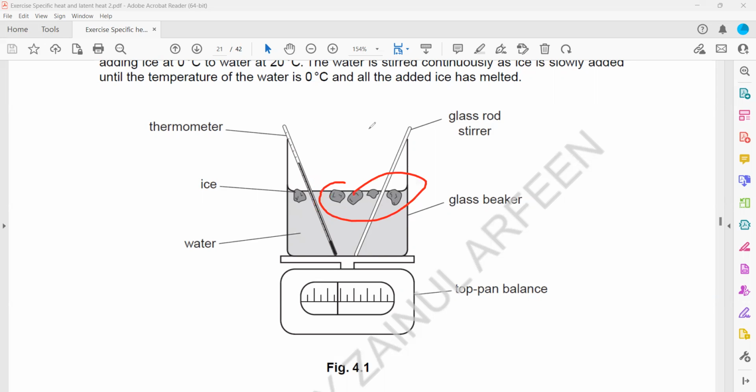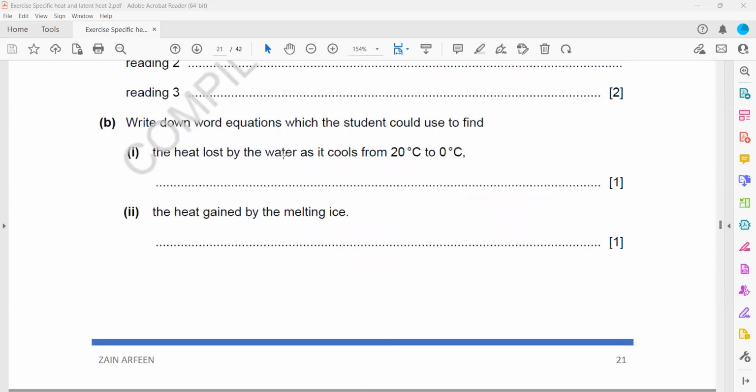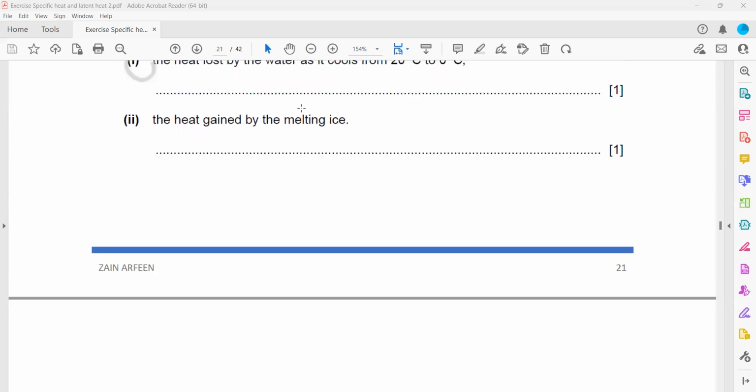So the ice absorbs energy from the surroundings, while we assume it is only absorbing energy from the water. You can even mention that it may absorb energy from the stirrer or even from the thermometer. That's why the practical value will be different from the calculated value.